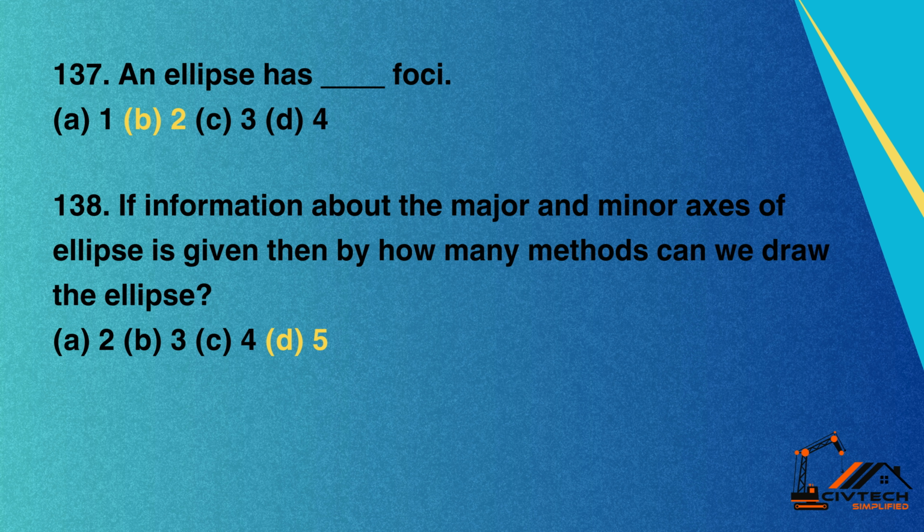B. 2. C. 3. D. 4. Correct option, B. 2. 138. If information about the major and minor axes of ellipse is given, then by how many methods can we draw the ellipse? A. 2. B. 3. C. 4. D. 5. Correct option, D.